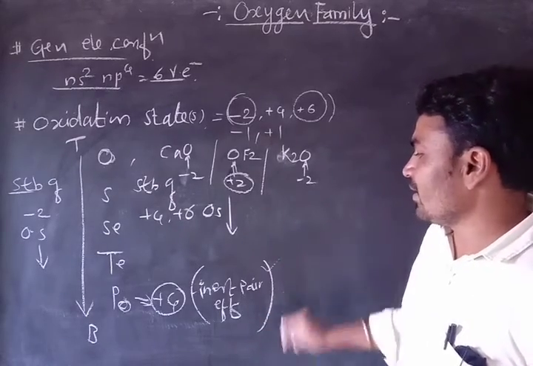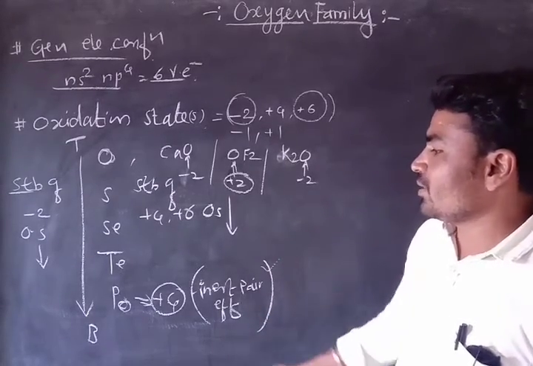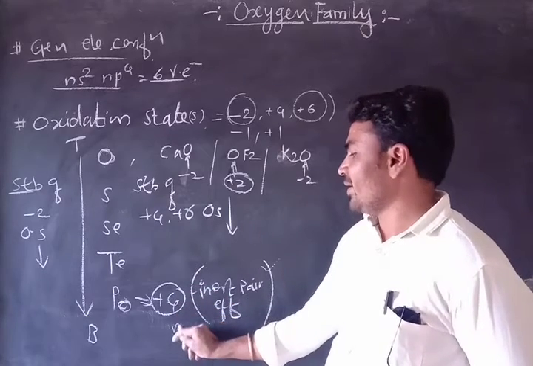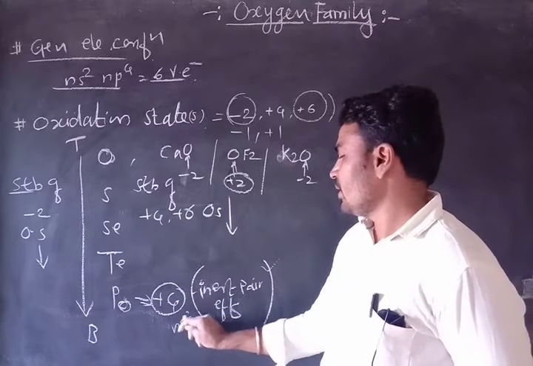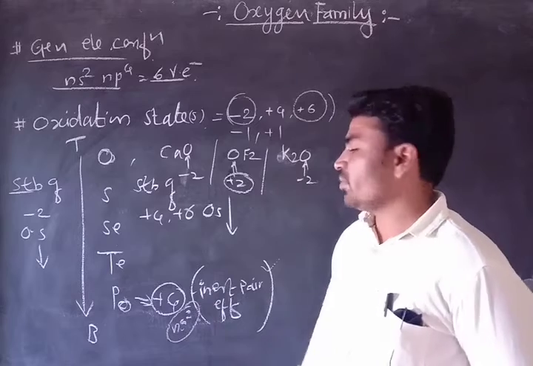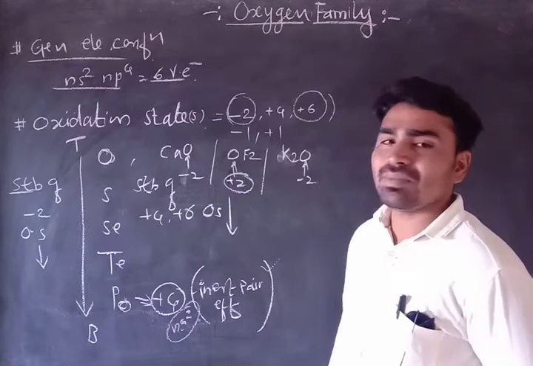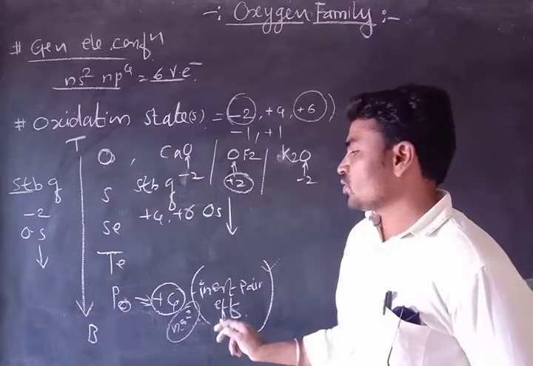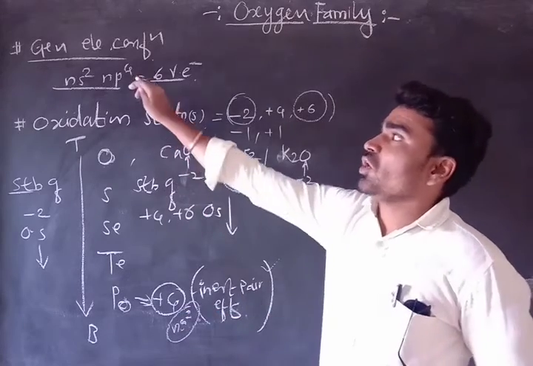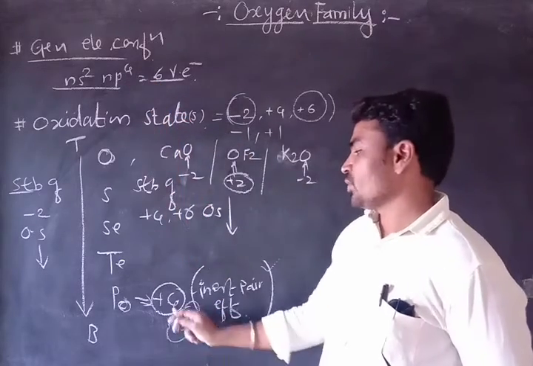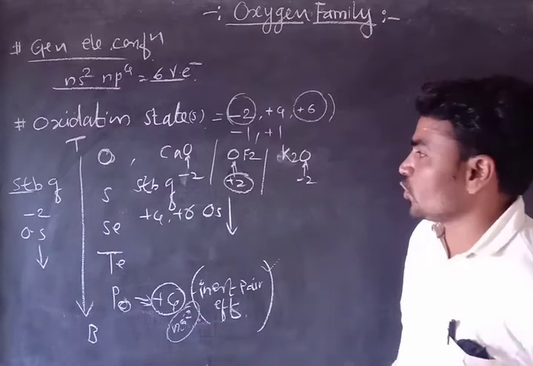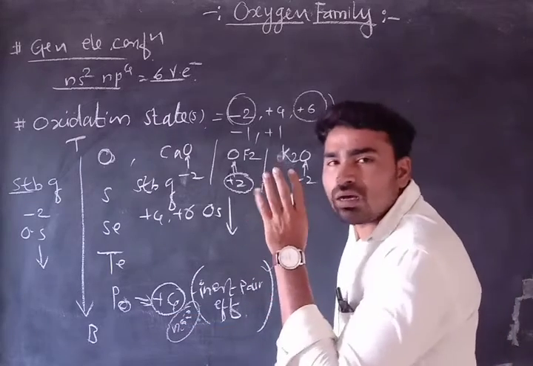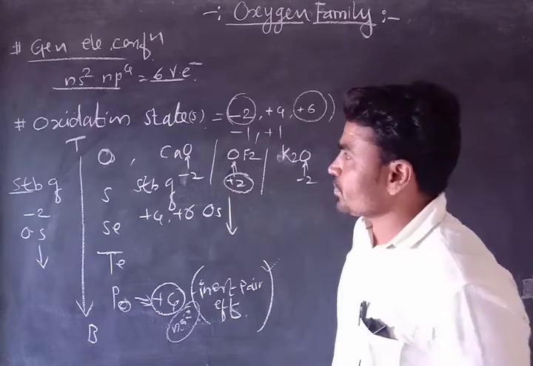So here the ns2 electrons become inert, and they do not participate in chemical reactions. So only a loss of 4 electrons takes place, and only the +4 oxidation state is shown by polonium.